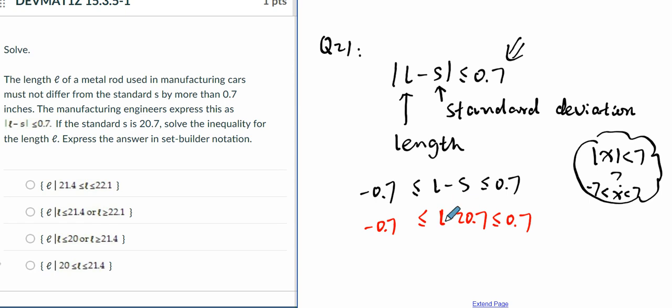Basically, it tells us the difference between the length and 20.7, the distance between length and 20.7, shouldn't be over 0.7 positive and shouldn't be too negative. Let's say negative 0.8, negative 0.9. The difference should be between negative 0.7 and positive 0.7.